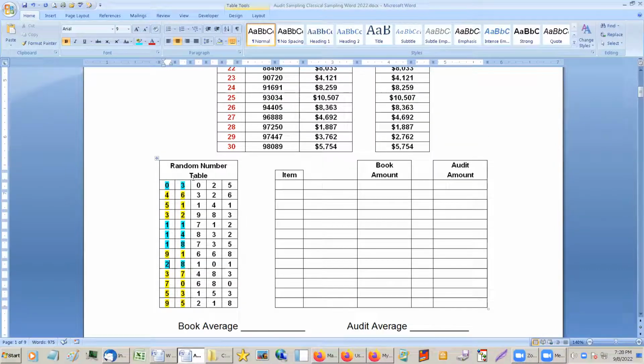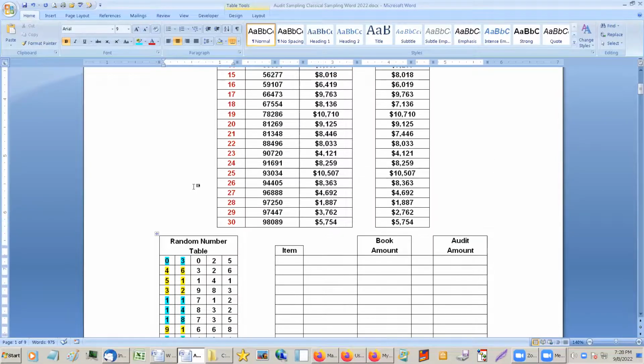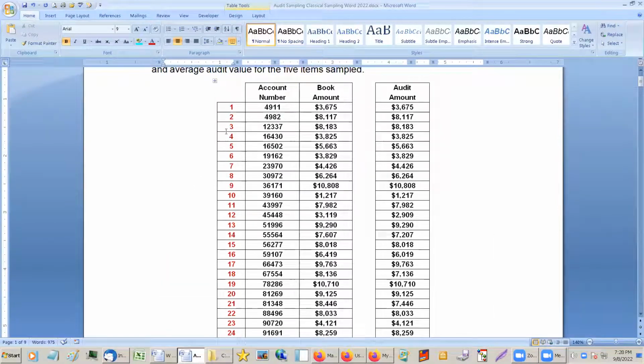But now, again, the beauty of the number table is that someone else will pick the exact same random sample.